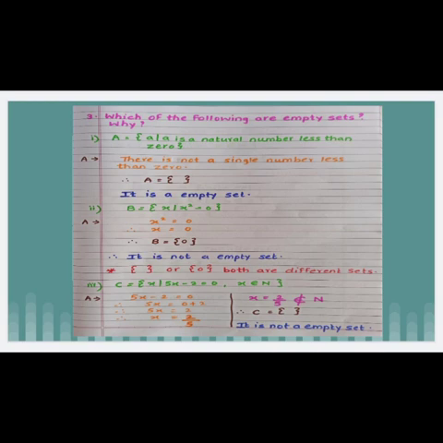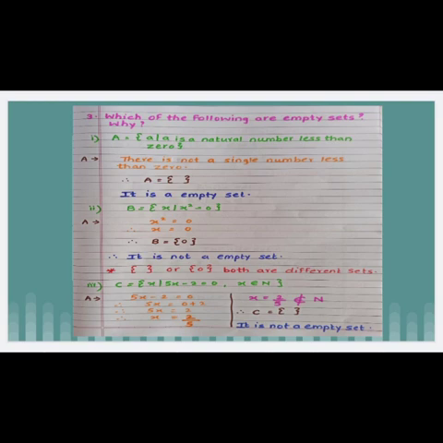Now students, natural numbers start from 1. That means there is no element before 0. Therefore set A is empty brackets. That means it is an empty set.